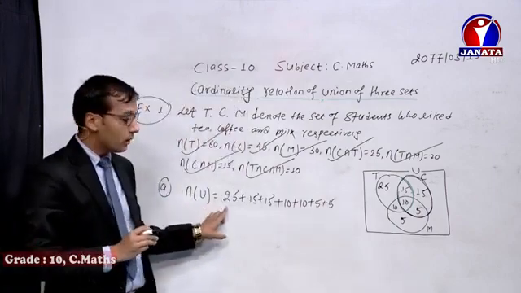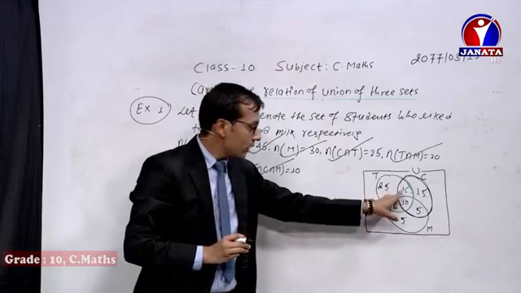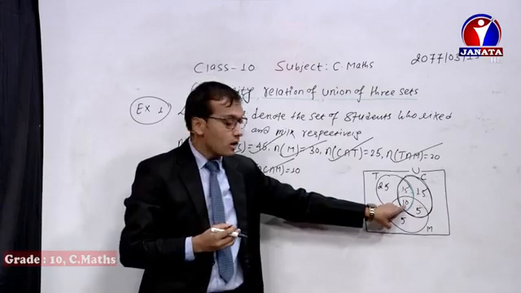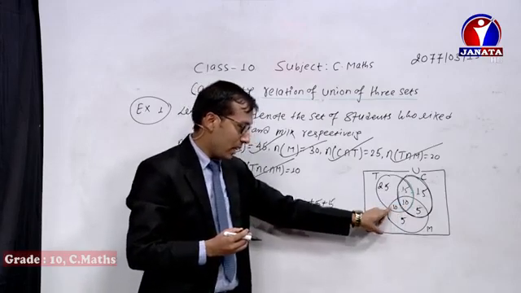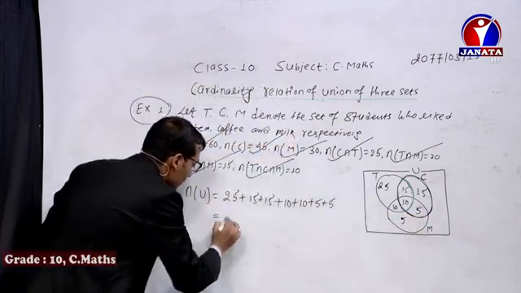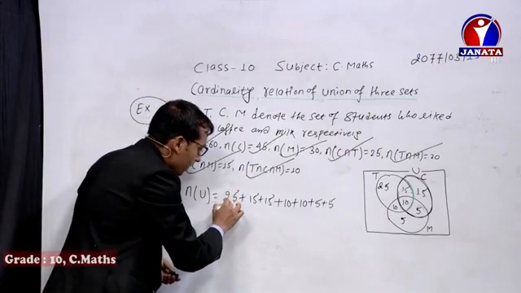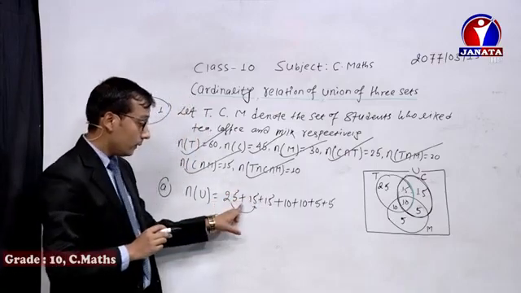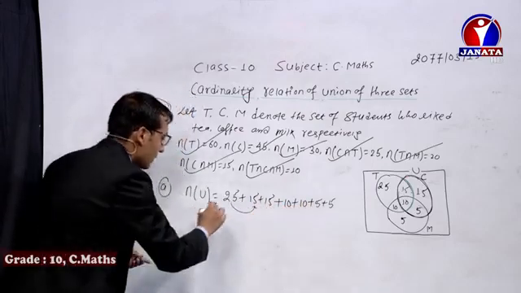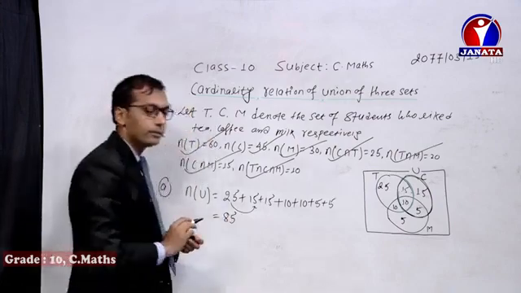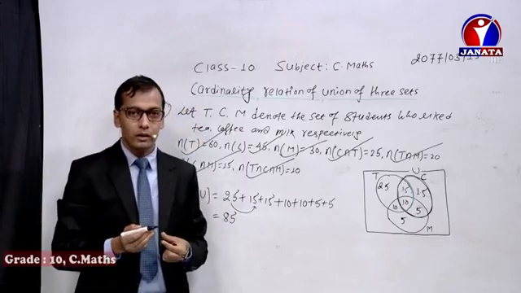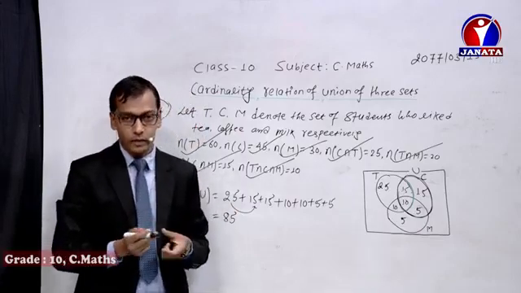Or this is simply n only T plus n only T intersection C plus n only C plus intersection of all 3 subsets plus n only T intersection M plus n only C intersection M plus n only M. So let's add this. 25 plus 15 is 40, 50, 60, 70 plus 15 is 85. So there were 85 students in a survey.